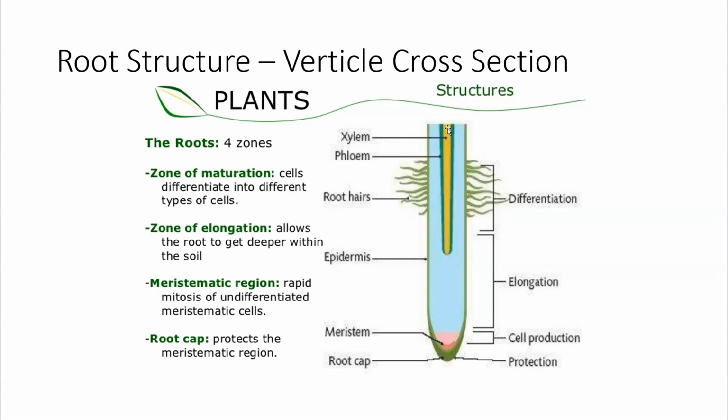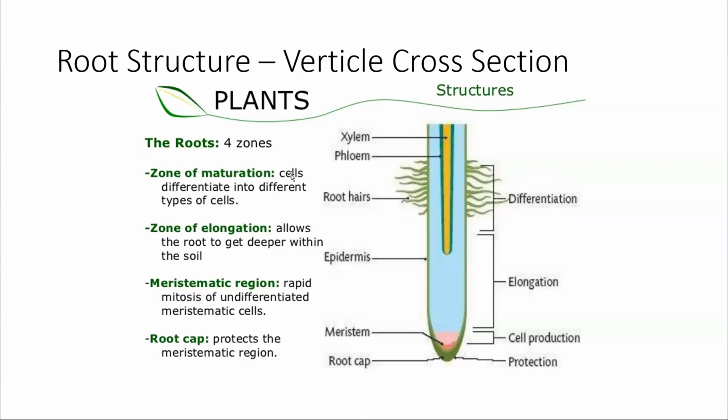Now, as this root goes deeper and deeper into the ground, the root portion that was higher up in the soil profile becomes more and more mature, okay? As it becomes more and more mature, it starts to differentiate. So you get some differentiation in here.